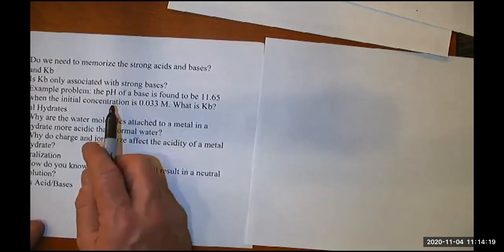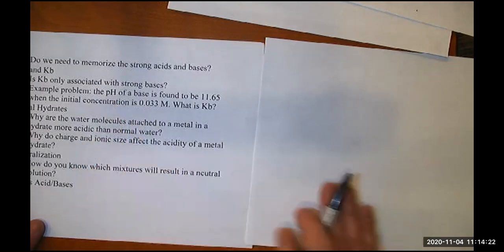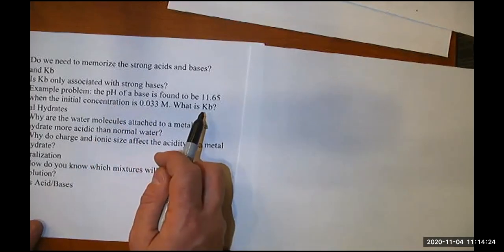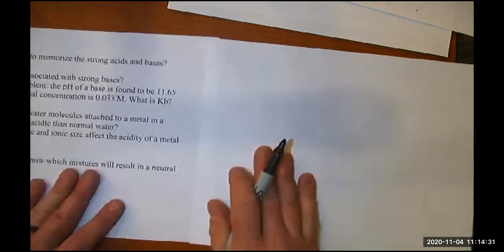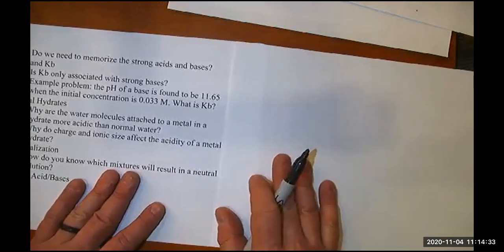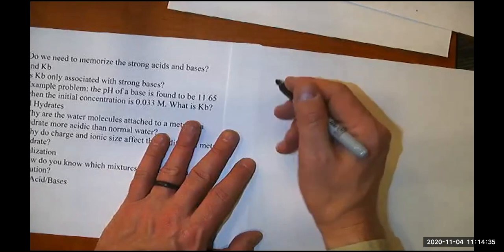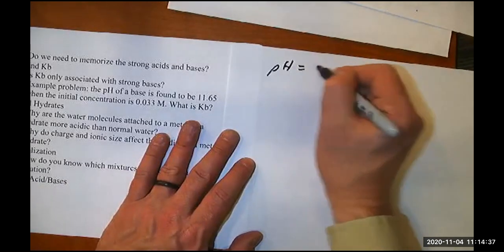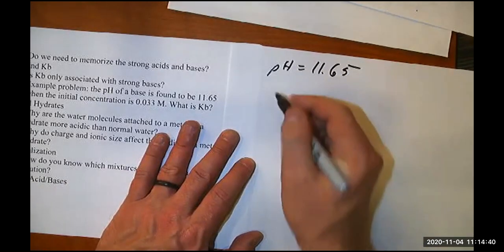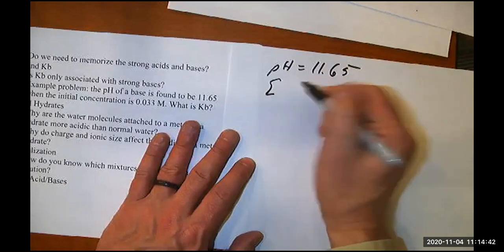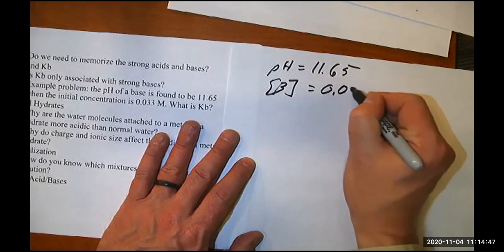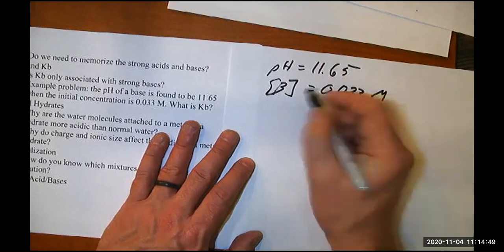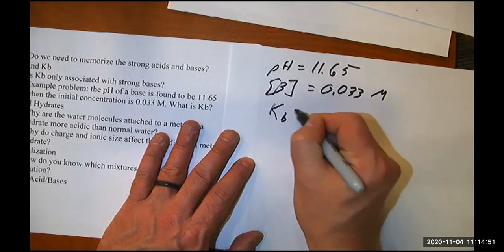Somebody wanted me to do an example problem where you are trying to find the Kb rather than using the Kb as the input to the problem. In this case, we are looking at a pH of a base of 11.65, an initial concentration of our base of 0.033 molar, and we want to know the Kb.